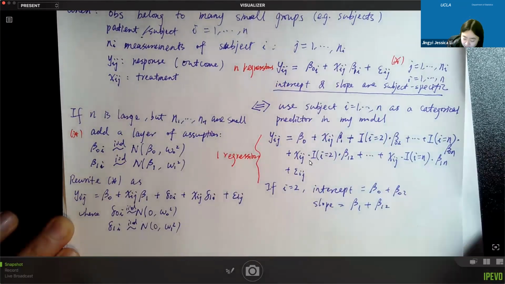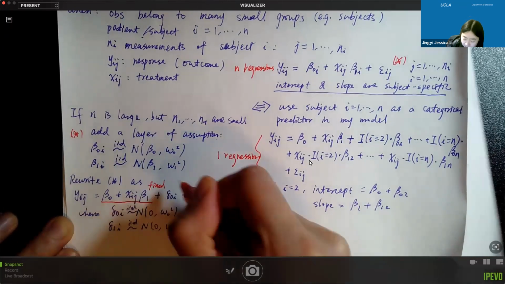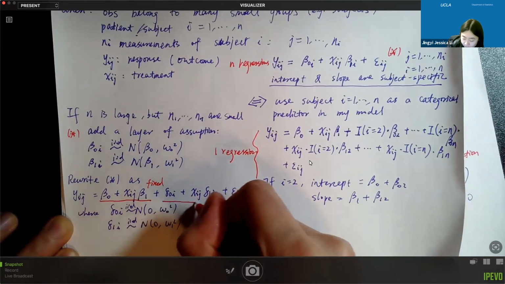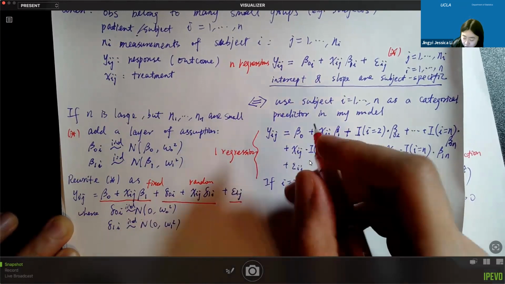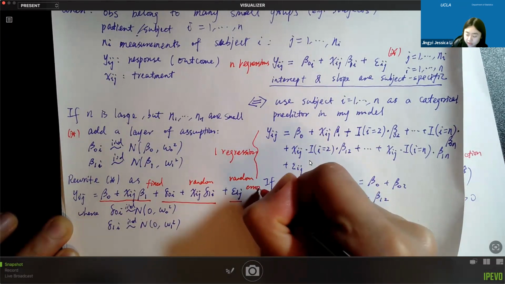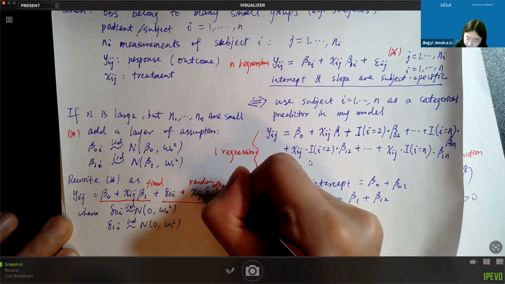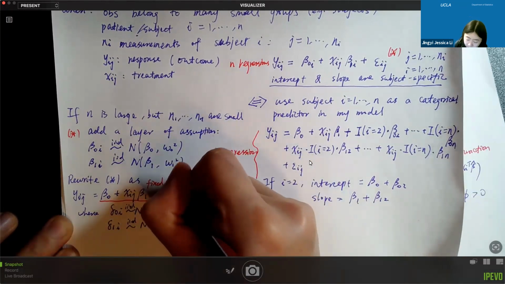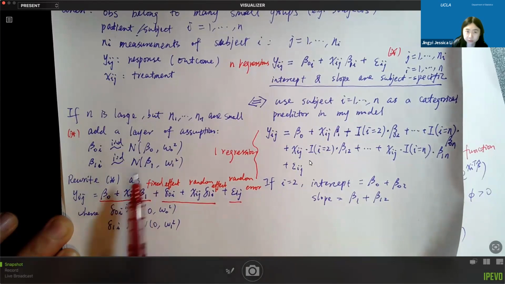So this is considered to be the fixed part, and this is considered to be the random part. And of course, this epsilon ij is always a random error. So this is called a random effect. This is the fixed effect. So fixed effect, random effect together, I call that mixed effect. That's why we call it LMM.